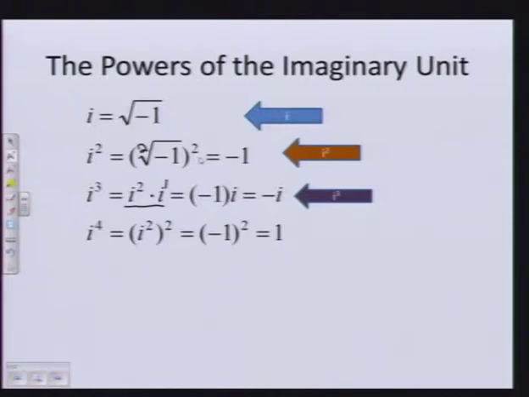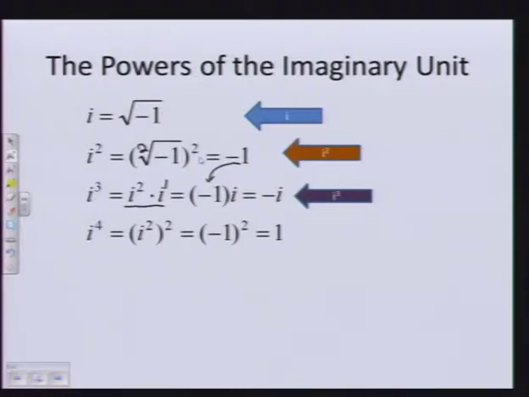Well, we already saw from above that the definition of i squared was -1, so we bring that down. And again, i is our basic definition of the imaginary unit. And so we end up with i cubed being equal to -1 times i, negative i.